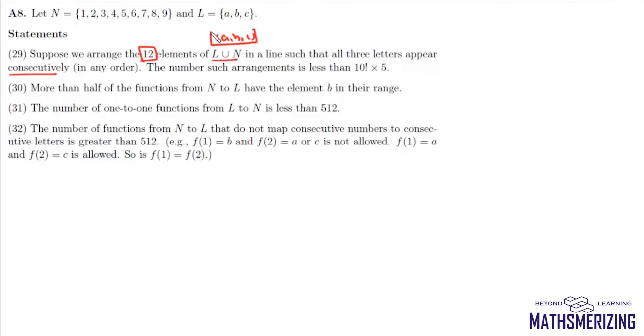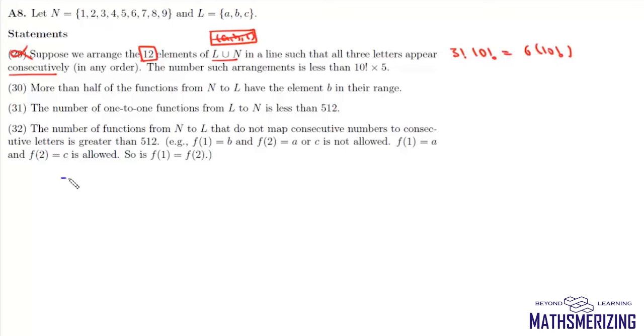So we'll use string method. We'll tie them. So now we have 10 elements and we can arrange these 10 elements in factorial 10 ways. Now these three elements, we can arrange them among themselves in factorial 3 ways. So total number of such arrangements will be 6 into factorial 10, which is greater than 5 into factorial 10. That means statement 29 is incorrect.